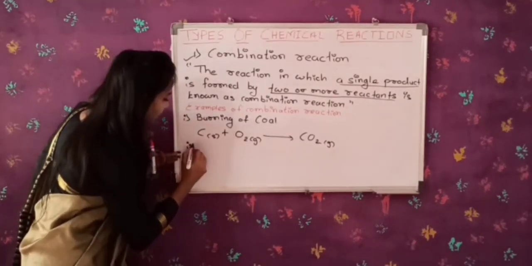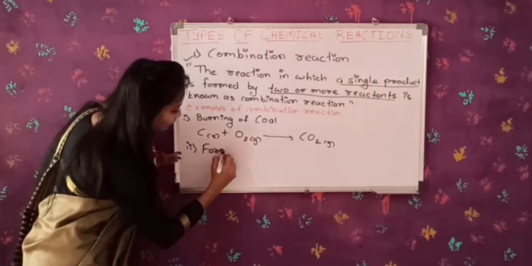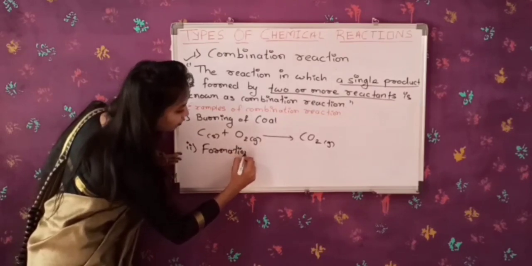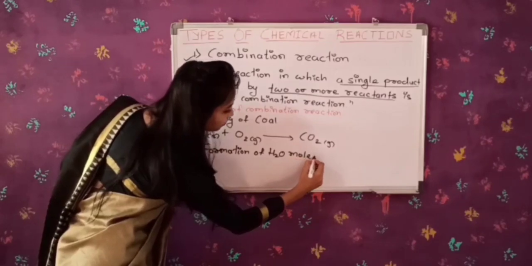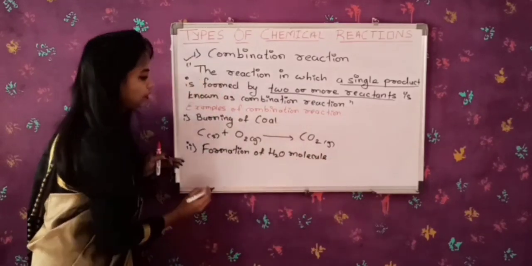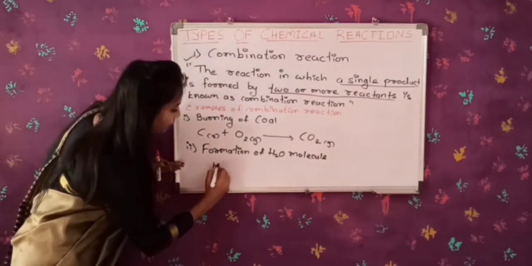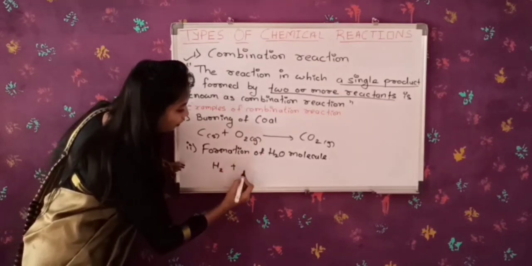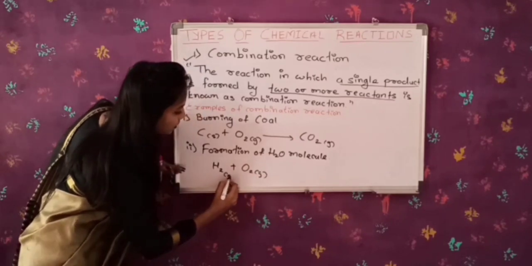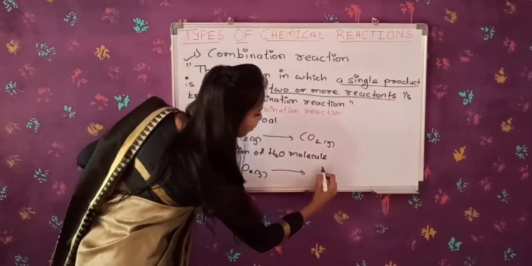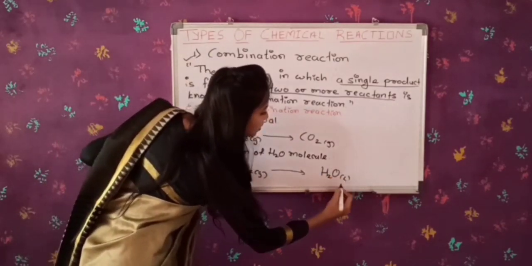Second example is formation of H2O molecule. H2O means water molecule. So how water molecule is formed? It is formed by reaction between H2 and O2 gas. Both are in gaseous state and it will give H2O molecule which is in liquid state.